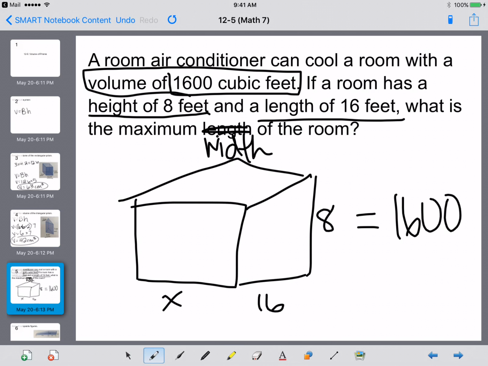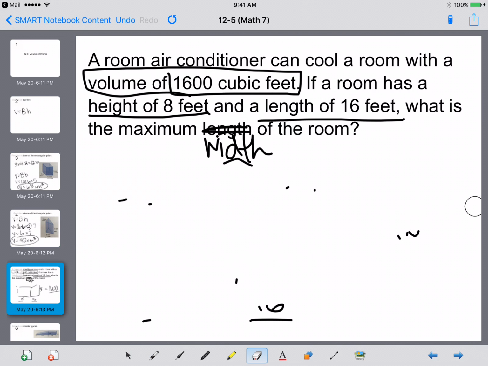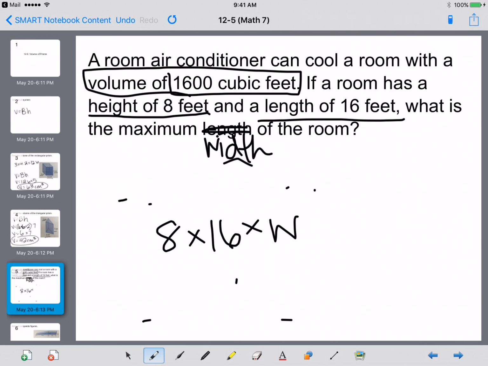So let's make this into an equation somehow. We need this times this times this equals that. So let's rewrite this whole thing down here. It'll be 8 times 16 times W equals our cubic feet of 1,600.